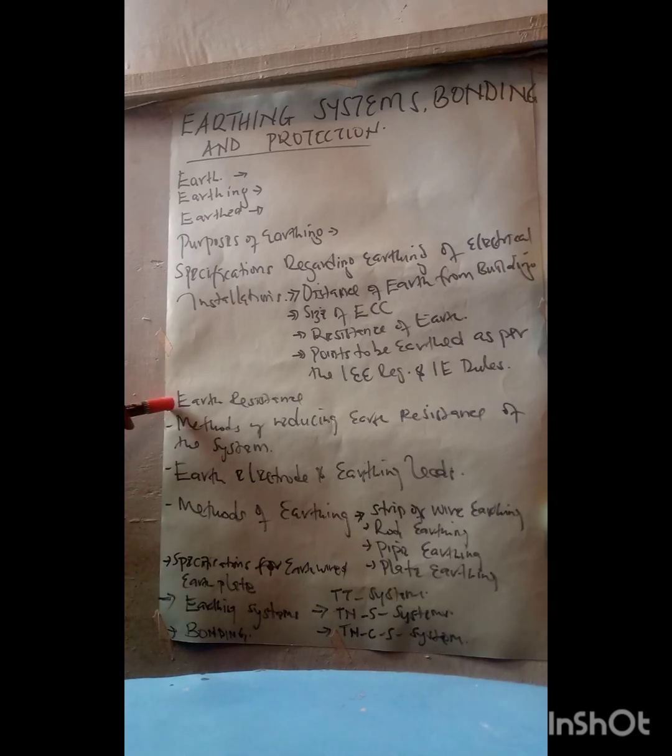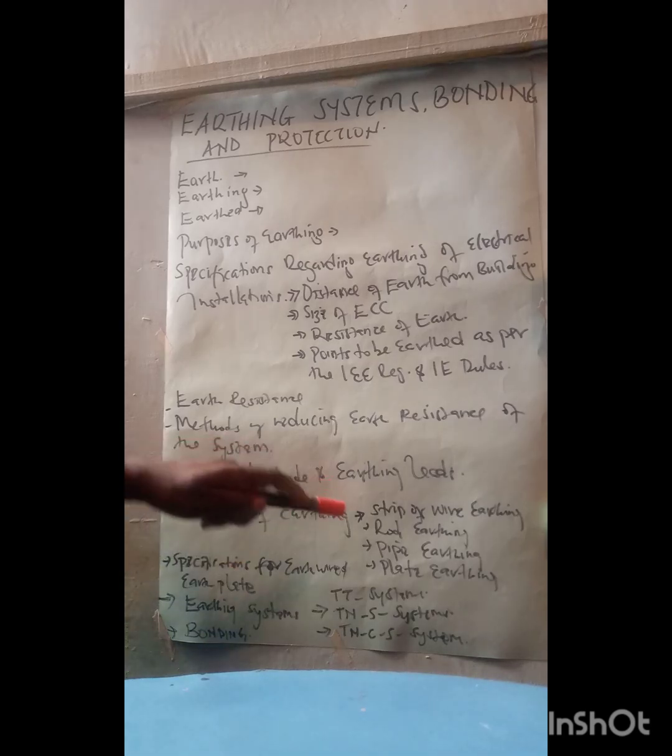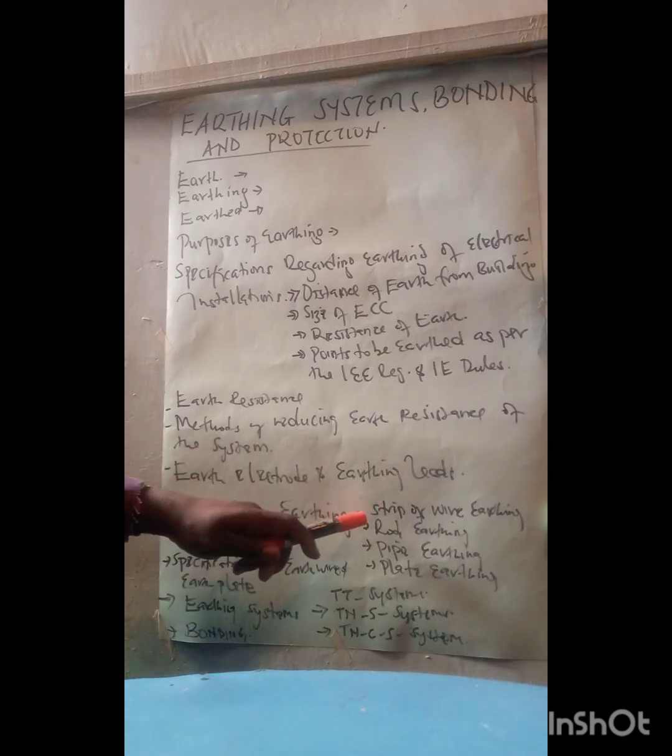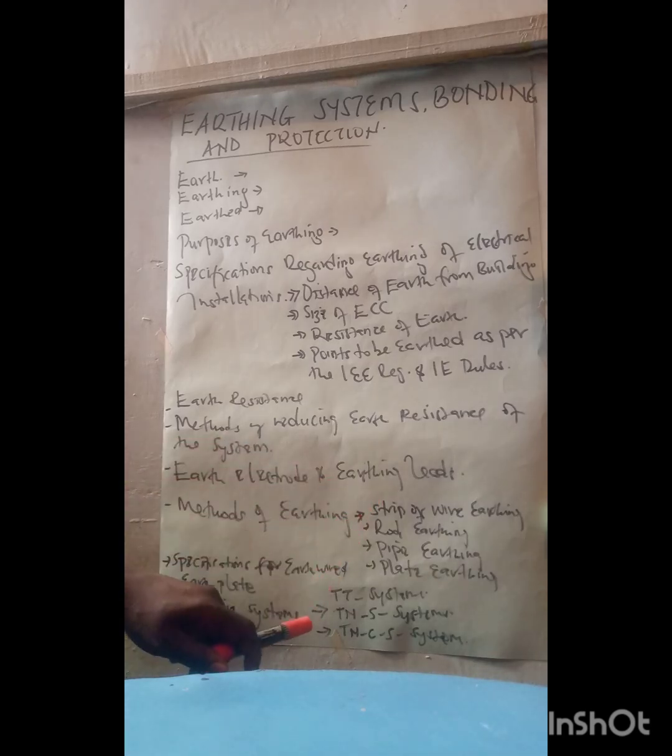Then we look at earth resistance. We look at methods of reducing earth resistance of the system, and we'll also look at earth electrode and earthing lead. Again, we look at methods of earthing, including strip or wire earthing, rod earthing, pipe earthing, and plate earthing.